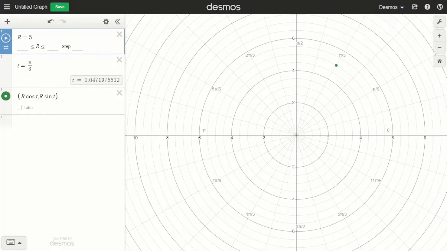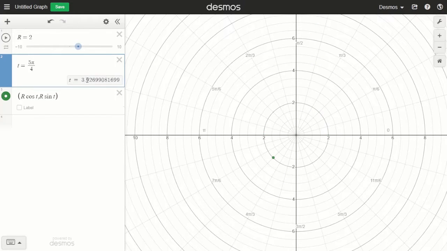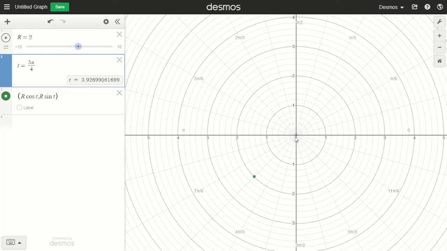All right, so now on decimals, the radius here is 2, and the angle is 5π/4. Just as expected. Now let me zoom in a little bit so that anyone can see better.